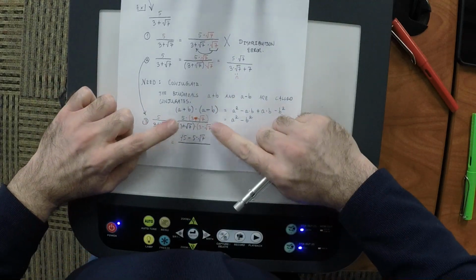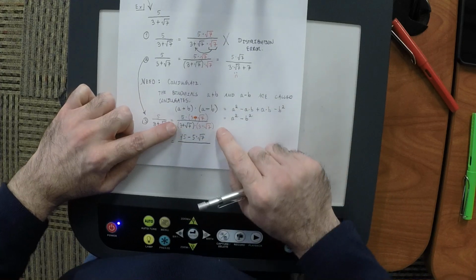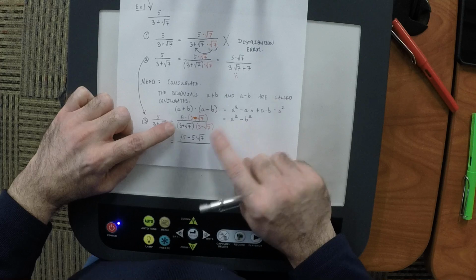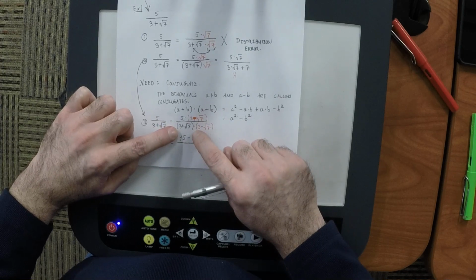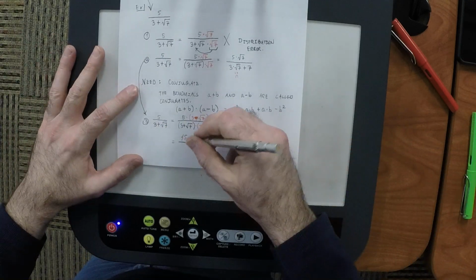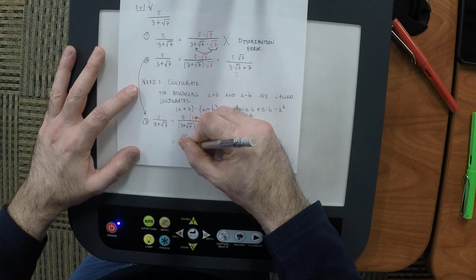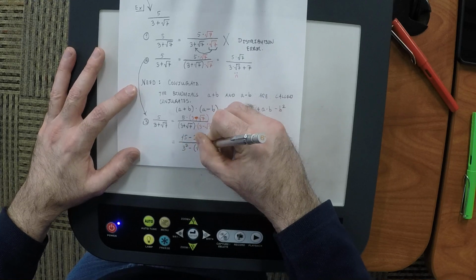And then this, you could do FOIL if you like, or you can remember this is the product of conjugates. So it's going to be the first thing squared, and then minus the second thing squared. So it's going to be 3 squared, and then minus square root 7 squared.